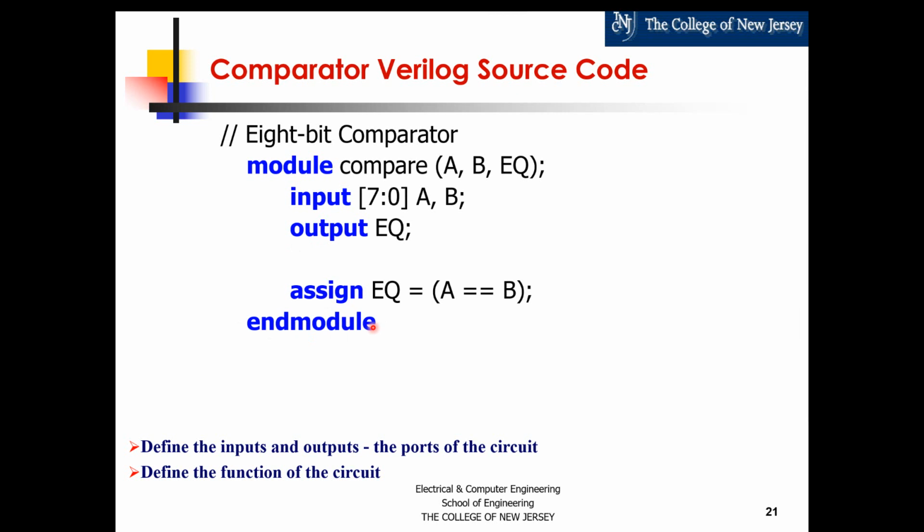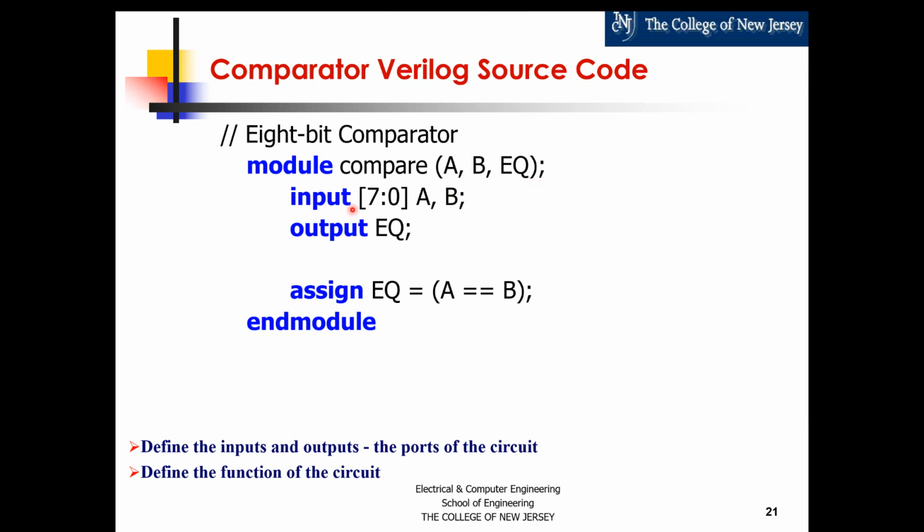So the syntax of the language from now on is going to be in bold blue. So you start with a module where you give it a name. This is an arbitrary name that you pick. And then a list of the ports. And most lines end with a semicolon.